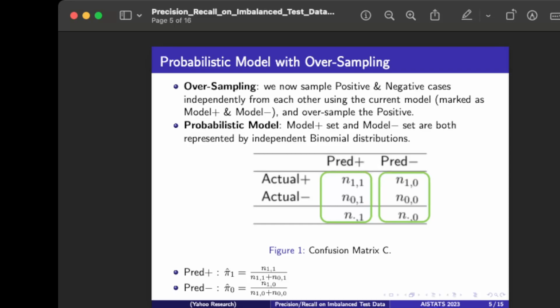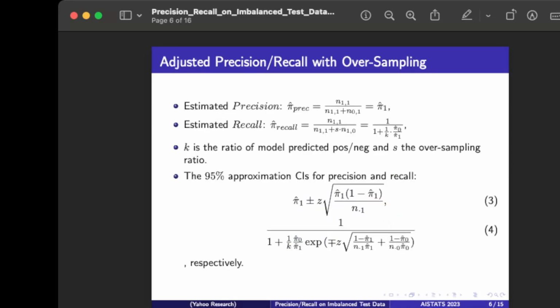With oversampling, estimated recall needs to be adjusted by the oversampling ratio, denoted by S. Also, we use the imbalance ratio K, the ratio of predicted positive data size to predicted negative data size, to denote how imbalanced the data is. Then by the normal approximation, we can derive confidence intervals for precision and recall in the oversampling setting.